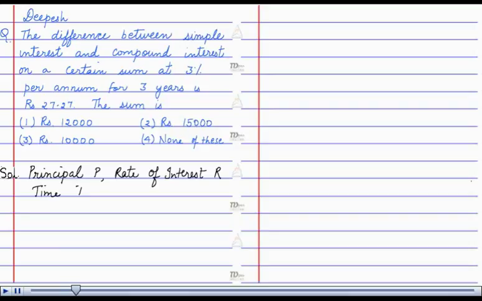the amount after compound interest will be given by P into 1 plus R upon 100 whole raised to the power T. Therefore, compound interest will be given by amount minus principal.